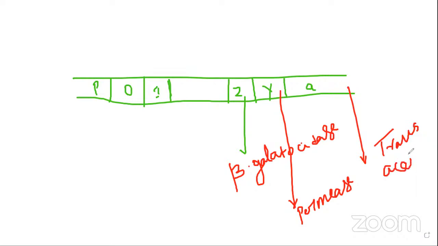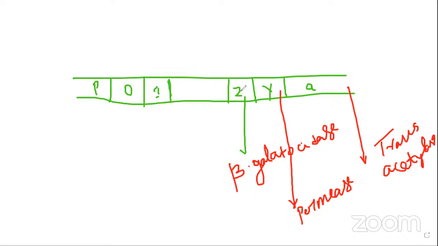Don't forget. Trans acetylase, lac Z, Y, A. So these are the three genes, Z, Y, A, all small letters only.